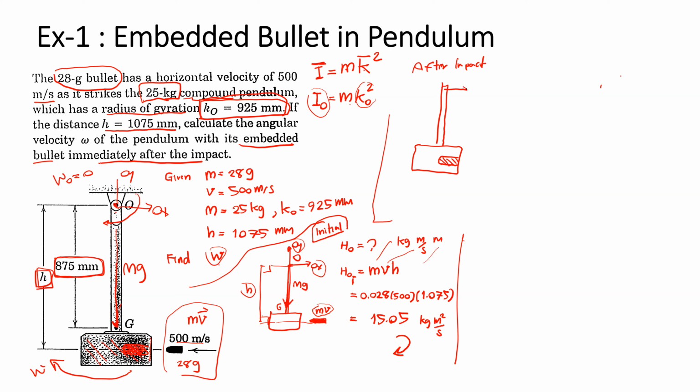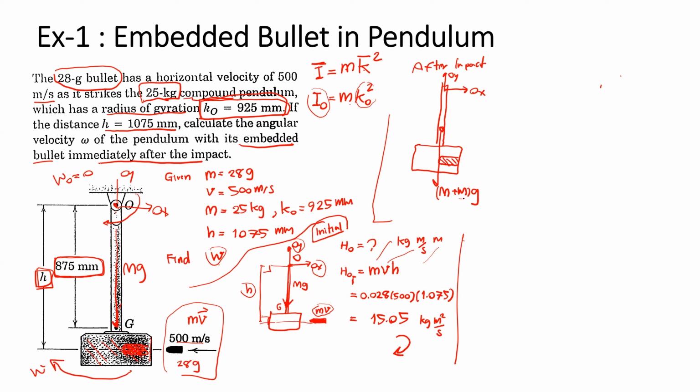We still have the force, and mg increased to be (M plus m)g, because the mass of the compound pendulum is added by the mass of the bullet, so the mass increased.